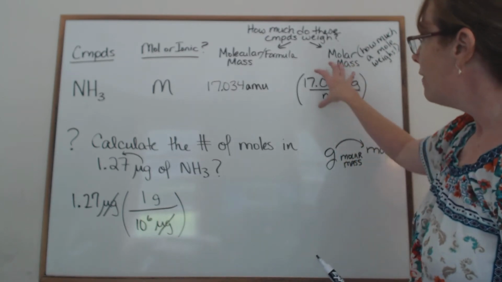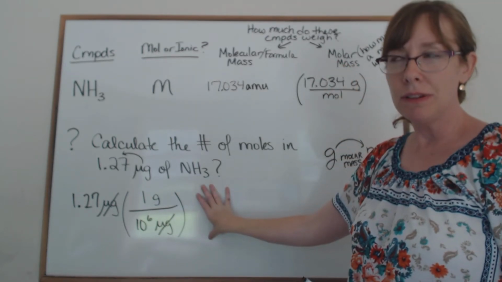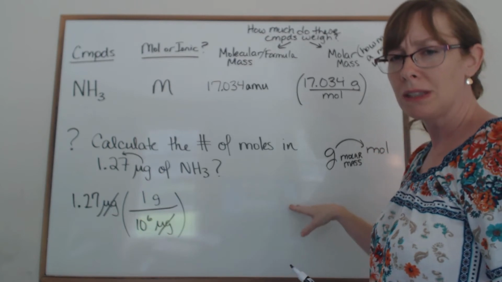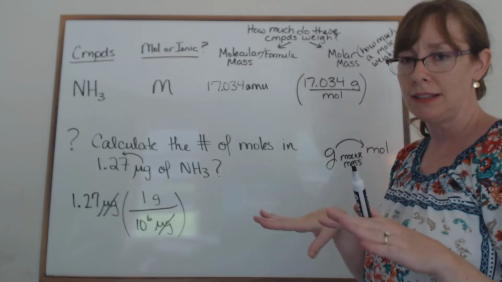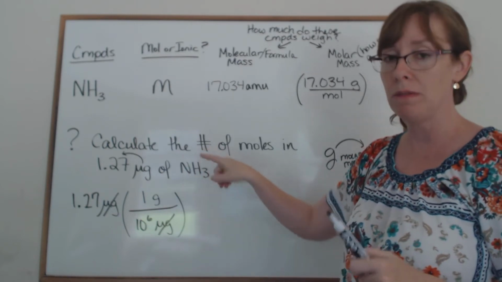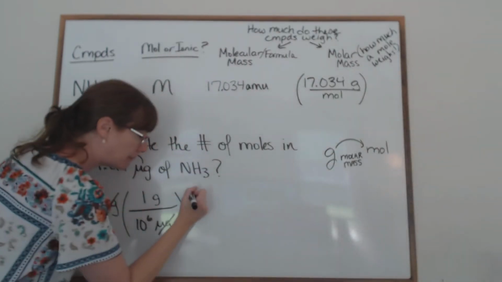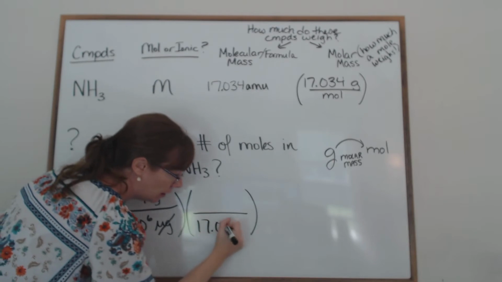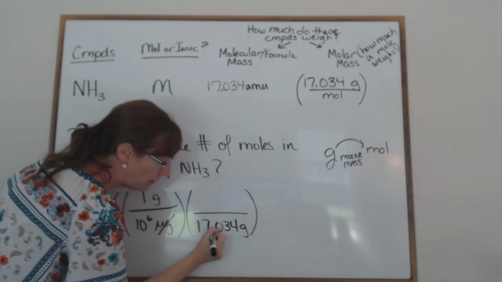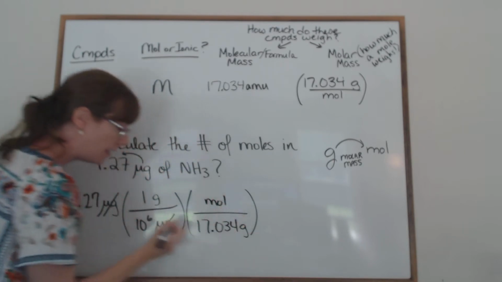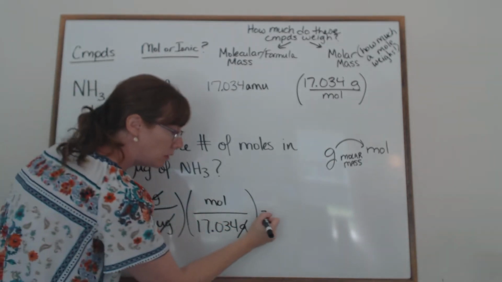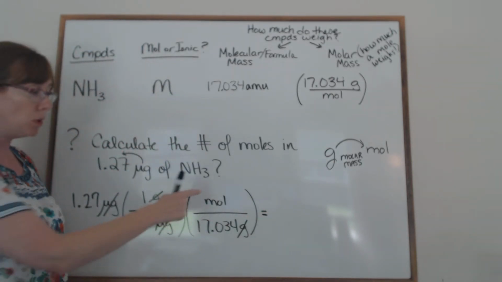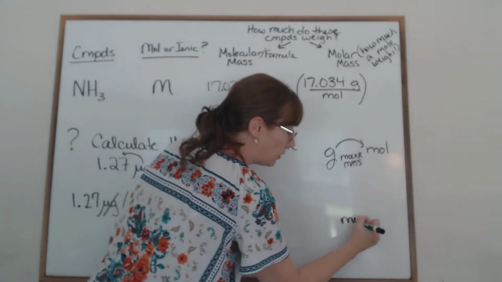If I use this right side up, the resulting unit will be grams squared over moles. That's a disaster. That's not what we want. We want number of moles. But if I flip it upside down and write it like this, 17.034 grams per mole, grams will cancel in the most beautiful way, and I will have moles as my final unit, which is exactly what I want.